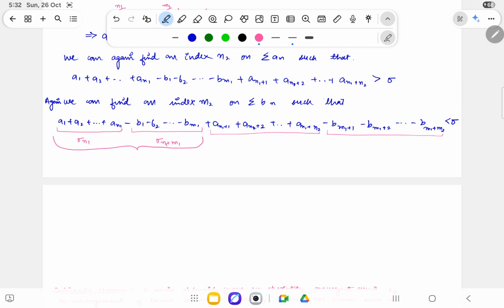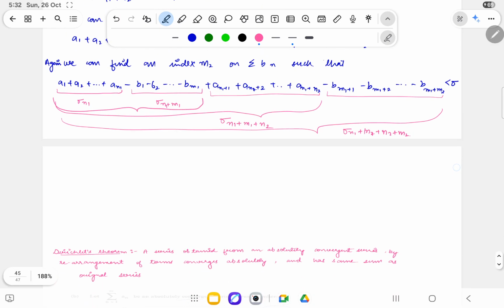Likewise, if we club it till here, it will be sigma n1 plus m1 plus n2, and if we club in all four terms, it will be sigma n1 plus m1 plus n2 plus m2, and so on. We can proceed like this. It will give us a sequence of partial sums.